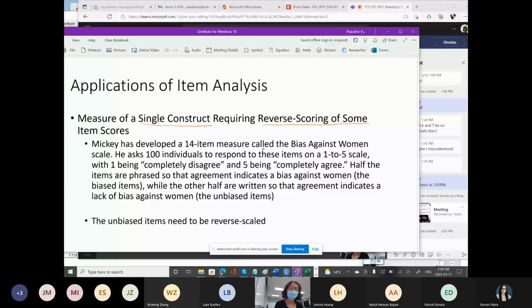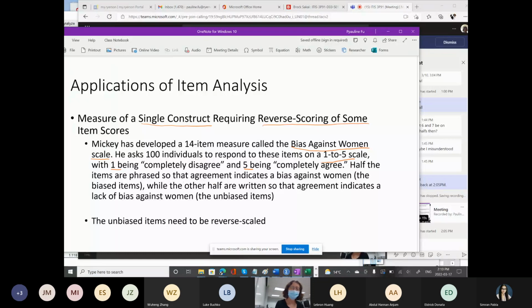He asked 100 individuals to respond to these items on a 1 to 5 scale. 1, completely disagree. 5, completely agree. Half of the items are phrased so that agreement indicates a bias against women.